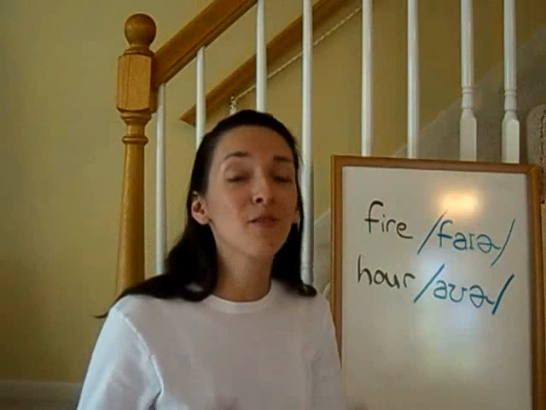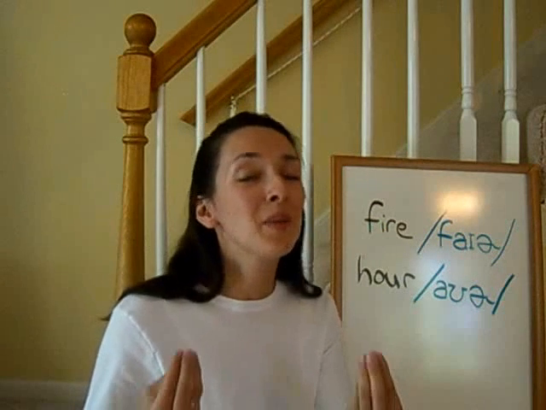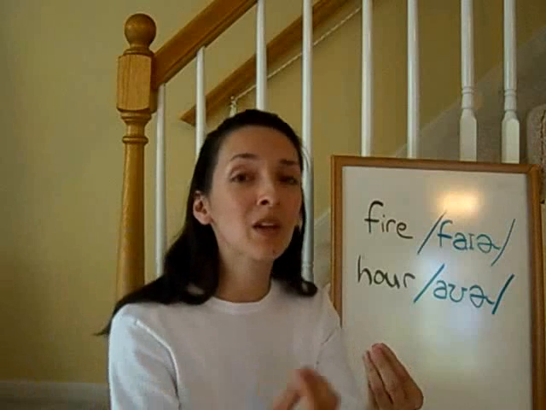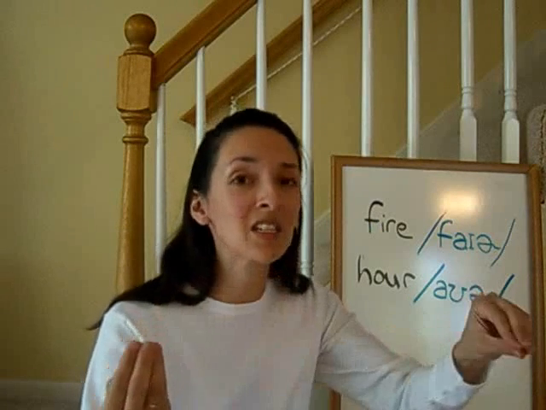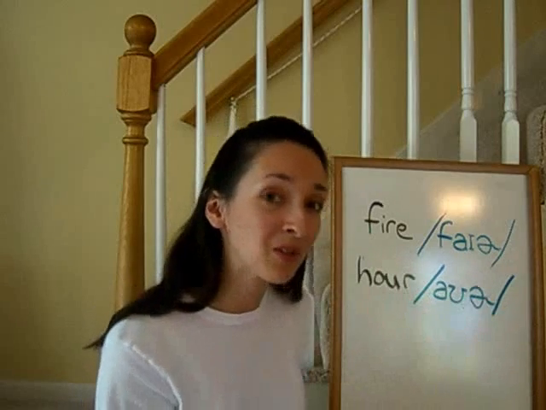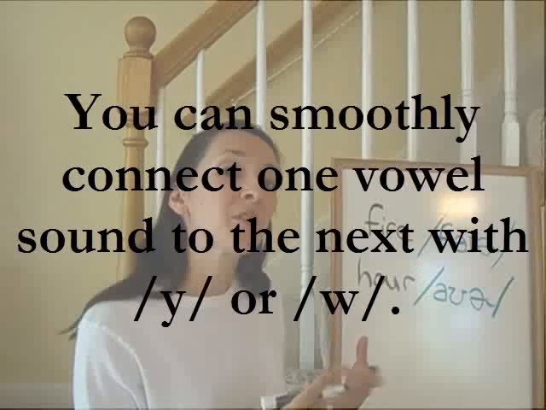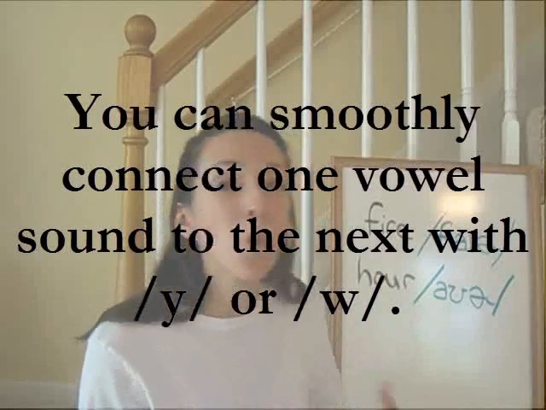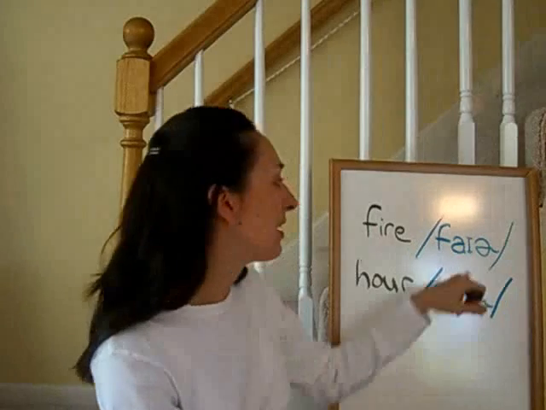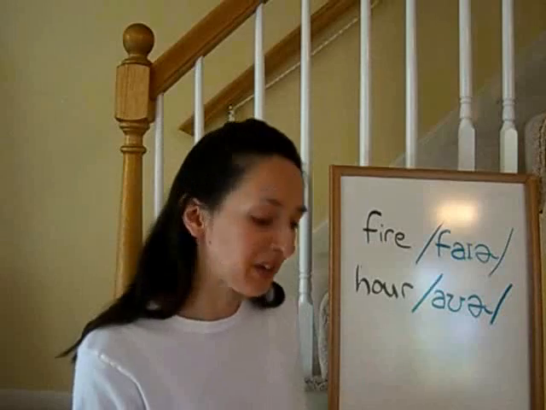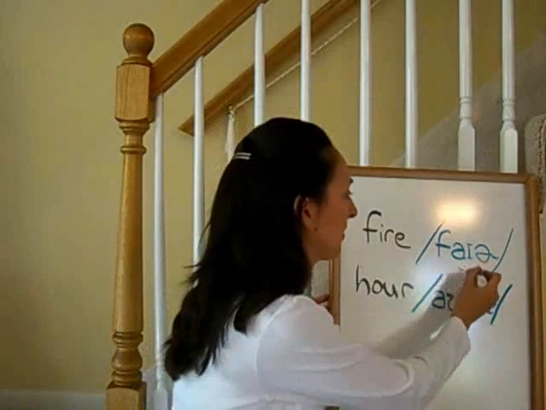Now, as I said, the vowel sounds remain separate, but we still need to have a smooth gliding, a smooth connection from the first vowel sound into the second. And I'll tell you a little trick. Either you're going to have a Y sound or a W sound to help get that smooth connection. Here, fire, fire.